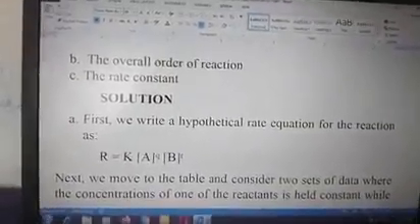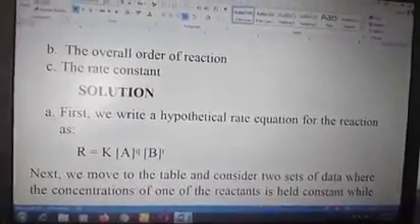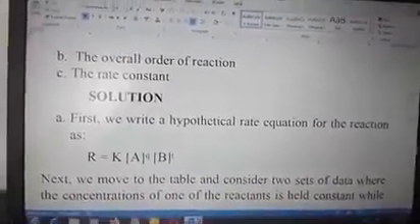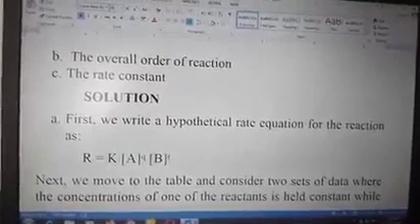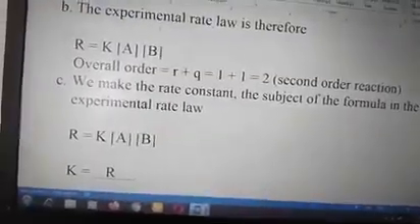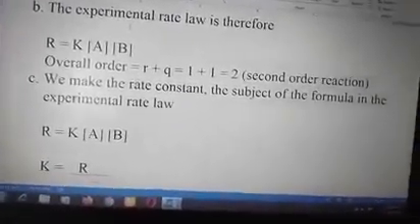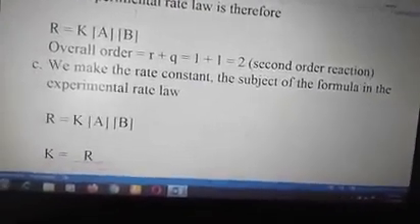Having obtained the overall order of reaction, we now go to question C, which says determine the rate constant of the reaction. So go to the solution. We make the rate constant the subject of the formula in the experimental rate law.